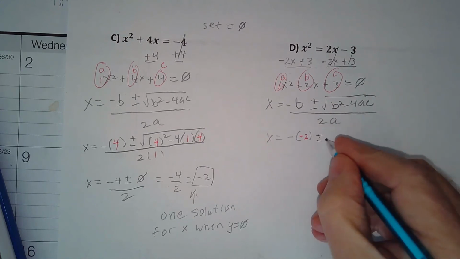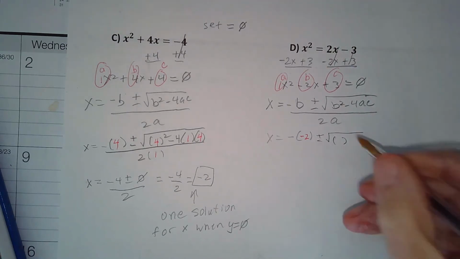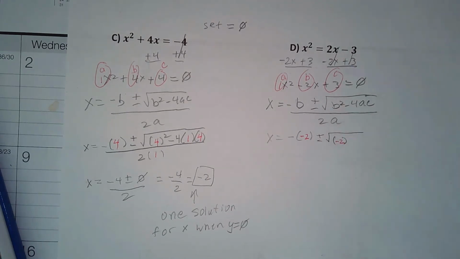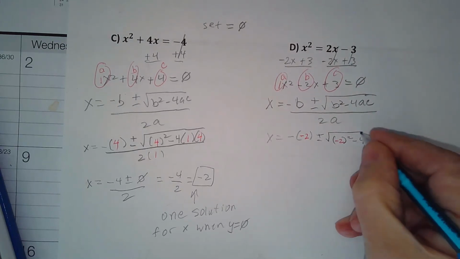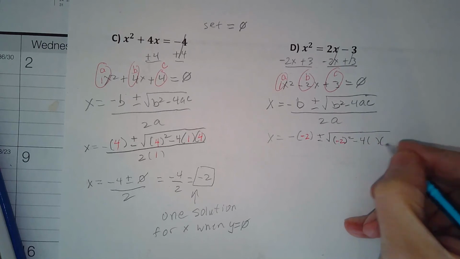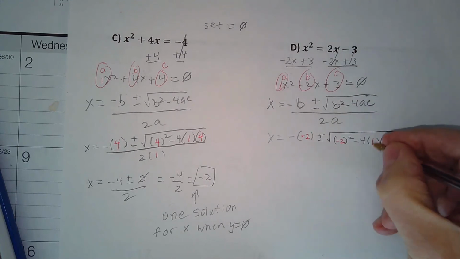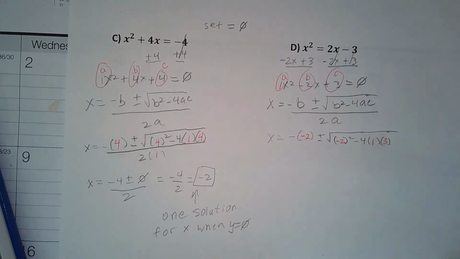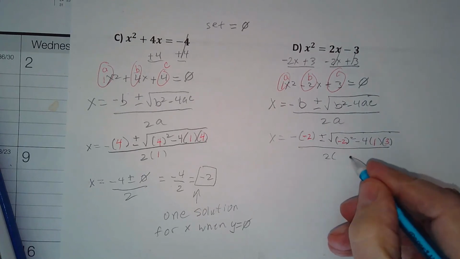Plus or minus the square root of, and it's negative 2 squared minus 4 times a times c. A is 1, c is 3, all divided by 2 times a, and a is 1 again.